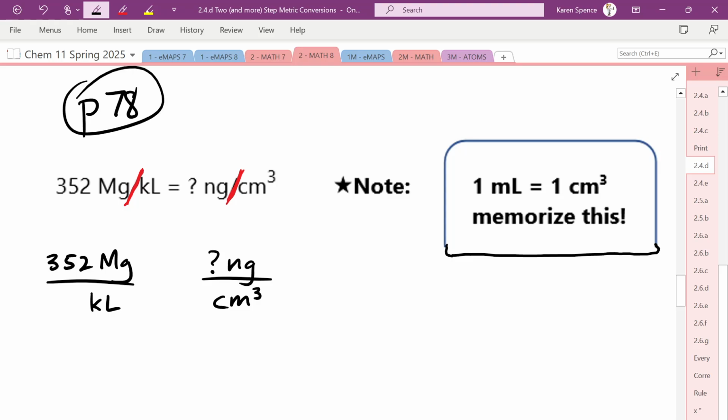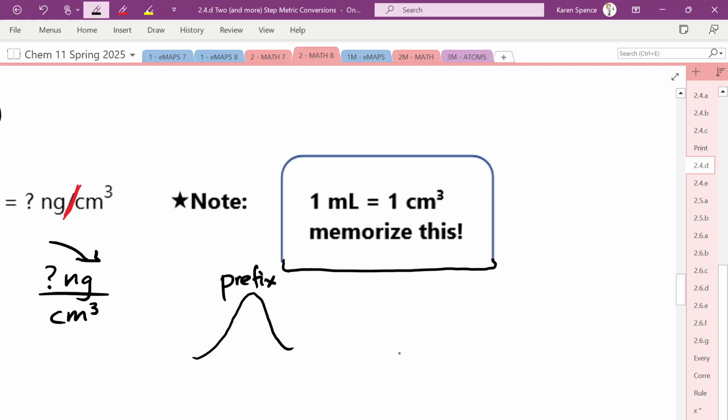I'm going to show this all in one line to start with, and then we will quickly go through how to do it using the convert the top, convert the bottom, then divide. Okay? Now, going from megagrams to nanograms, let's remind ourselves that if we have a prefix unit and we have another prefix unit, what do we have to go through in the middle?